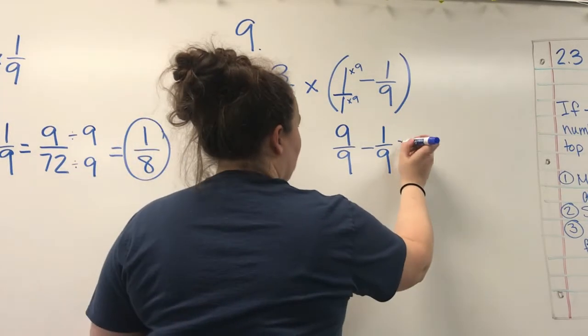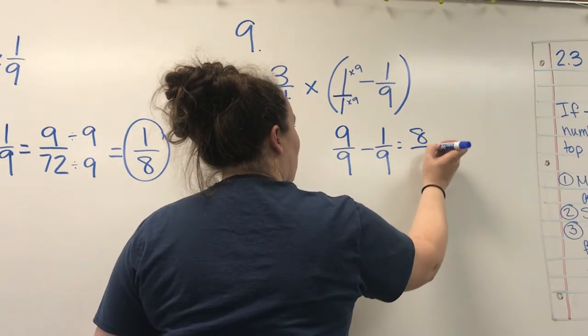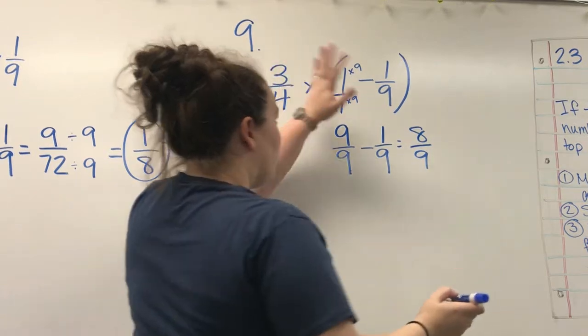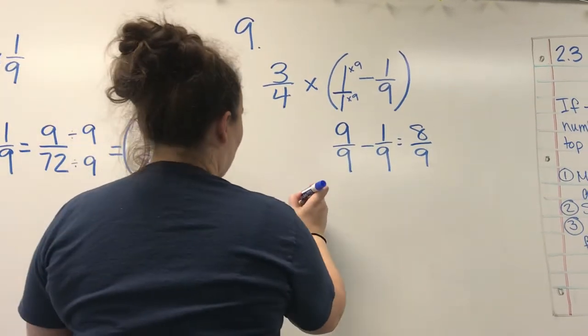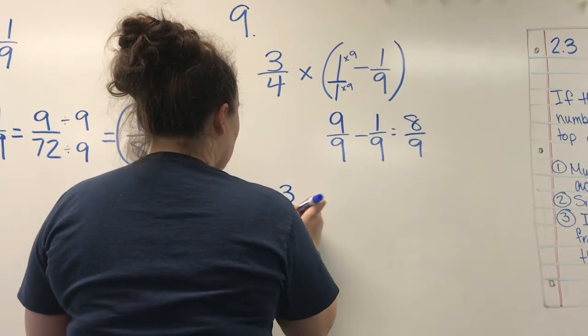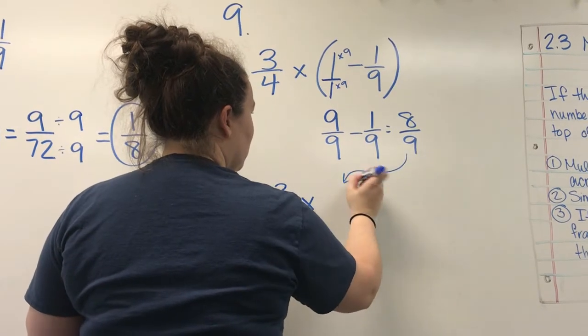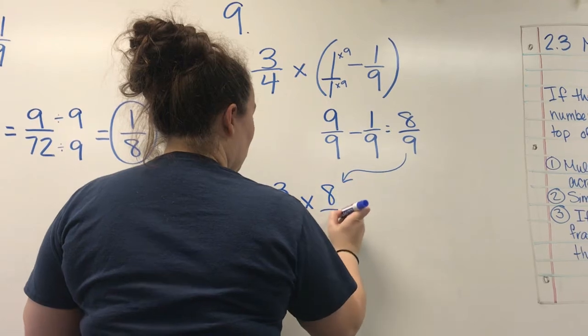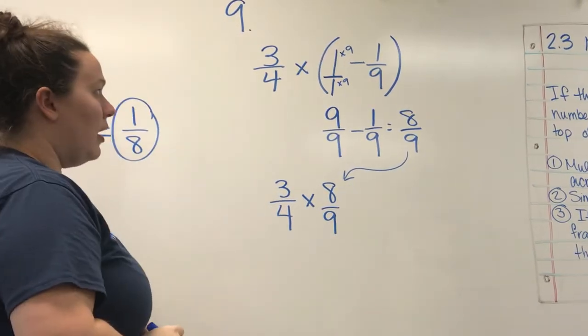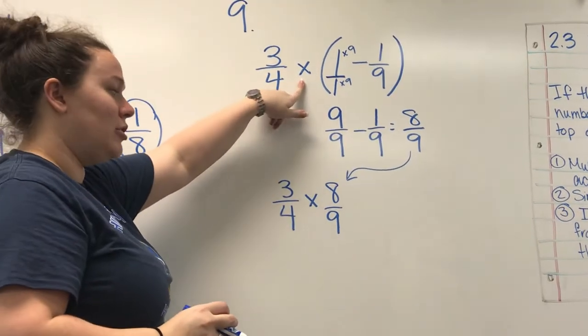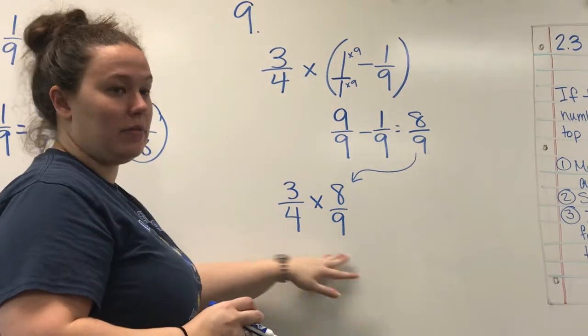Okay, if I do that, I get 8/9. I'm going to rewrite this problem so that it looks awesome and simple and easy. I'm just taking that answer and putting it here. When I'm multiplying fractions, my denominators do not have to be the same.